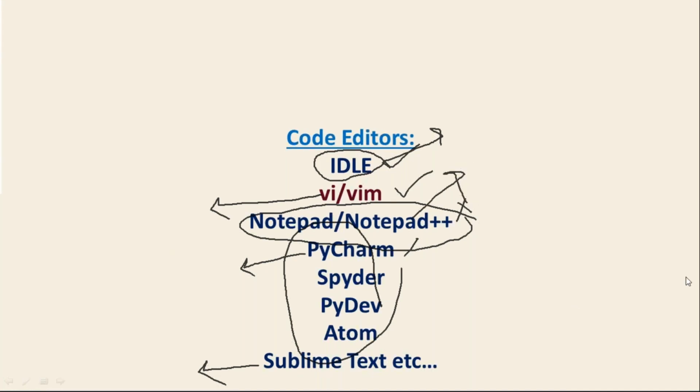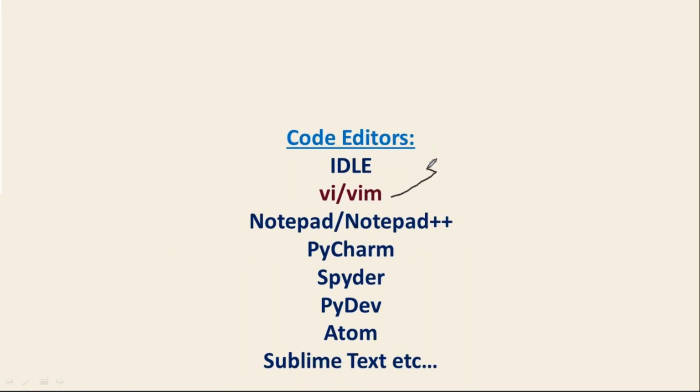In real time this is the chance to have as an editor, and that's why just try to use VI or VIM. For your practice, you can use either PyCharm or Sublime Text.